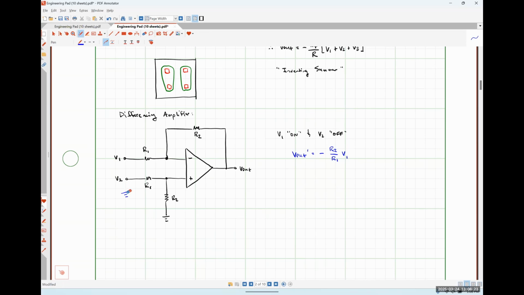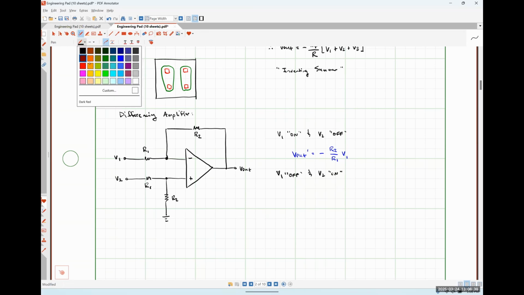Now, let's look at what happens if we analyze the circuit with V1 off and V2 on, okay? So essentially, I'm grounding this guy up here, okay?